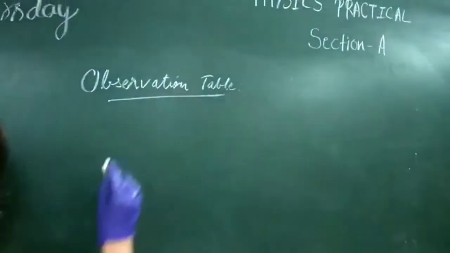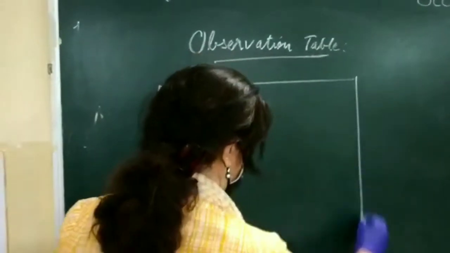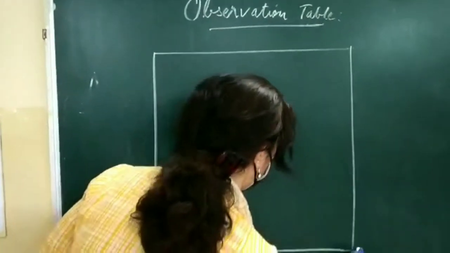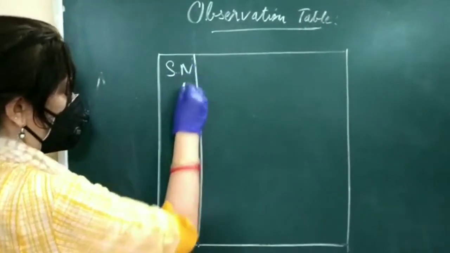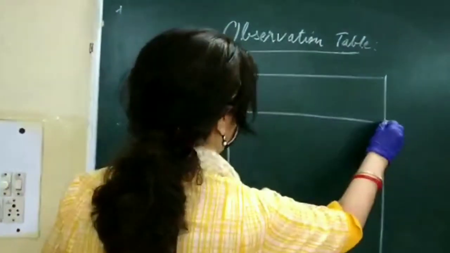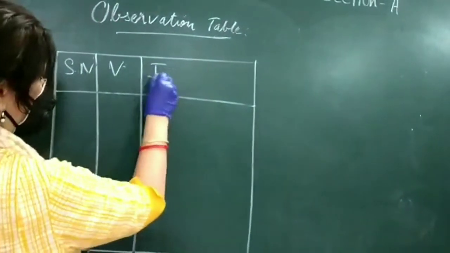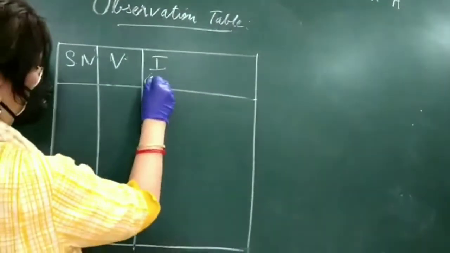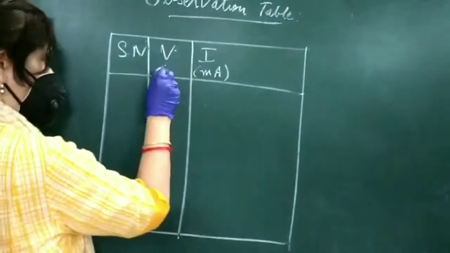Now see the observation table. How do we write the observation table? Serial number: how many times you are taking the reading. V, I. Here the apparatus gives I in milliampere, and V in volt.